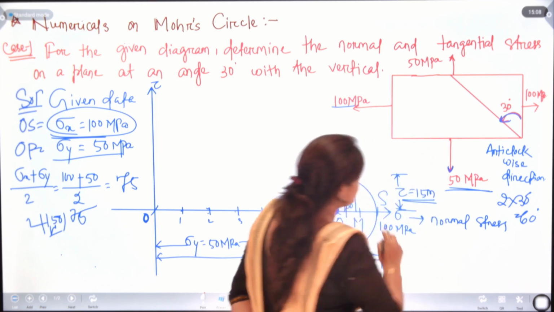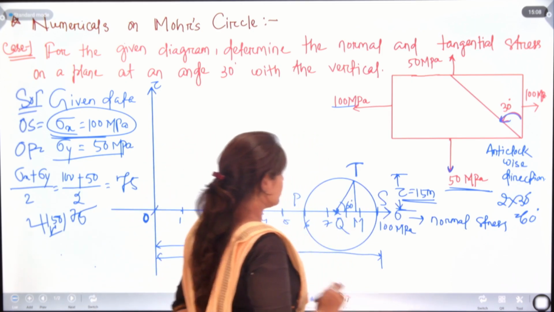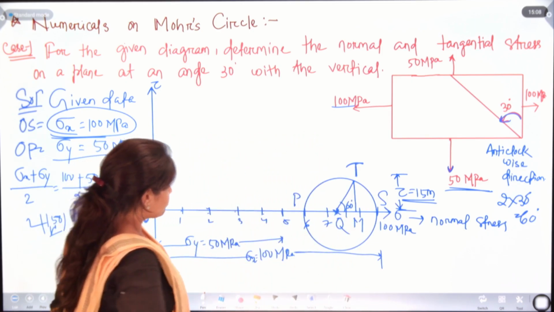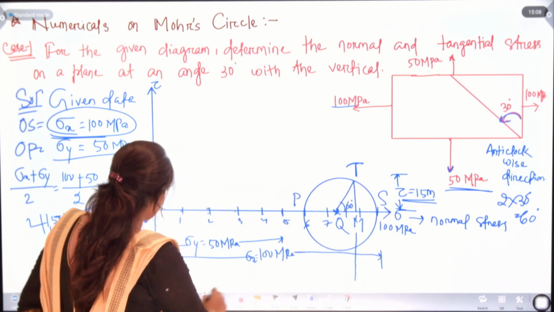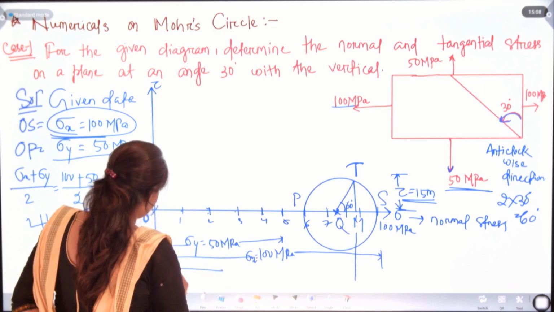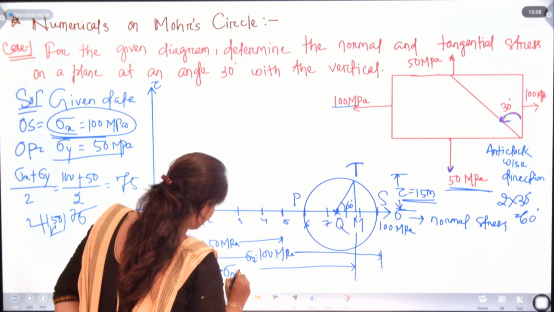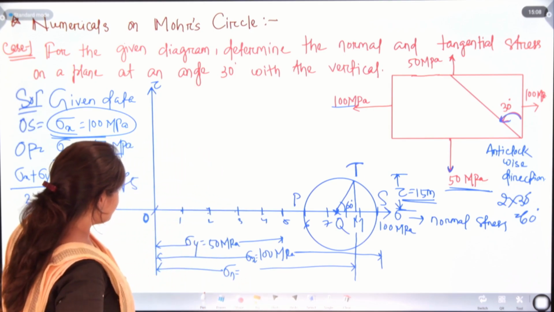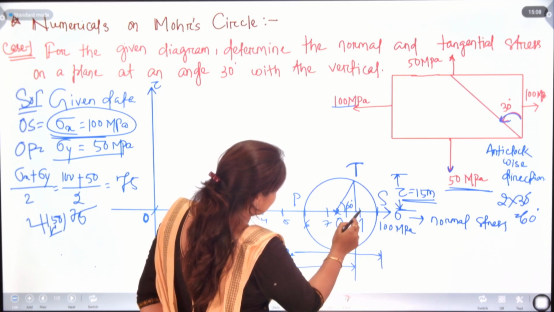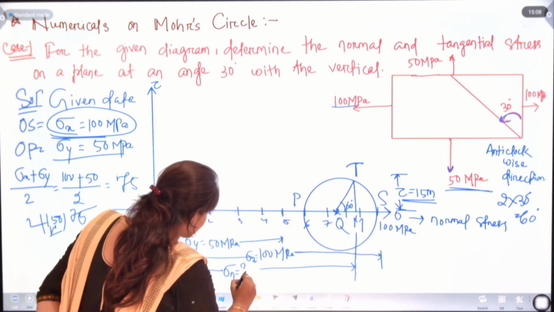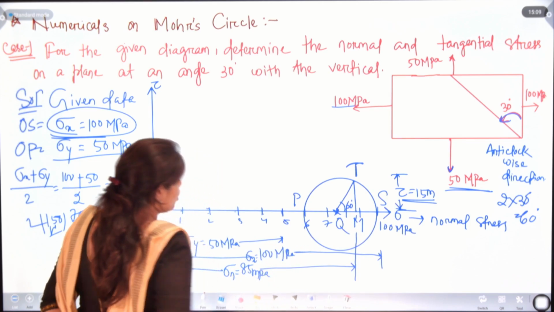If we just draw this diagram using AutoCAD, we will automatically find the perfect diagram. Okay. So from this point to this point is nothing but our sigma n, right? So it is in between 75, 80 and 90, let it be 85, that is 85 megapascal.